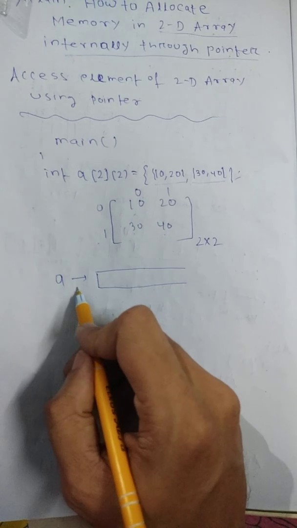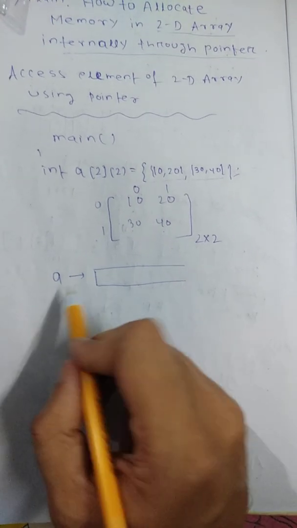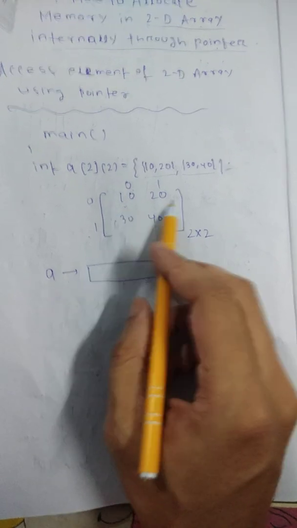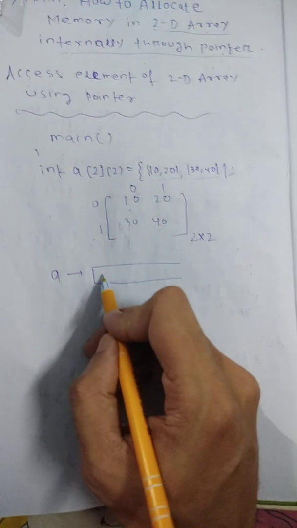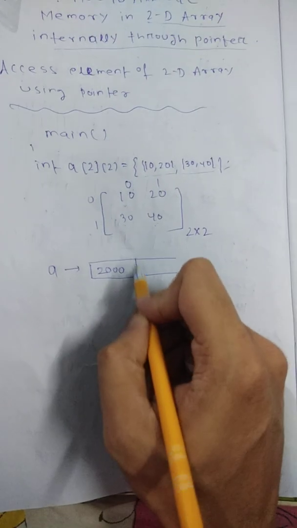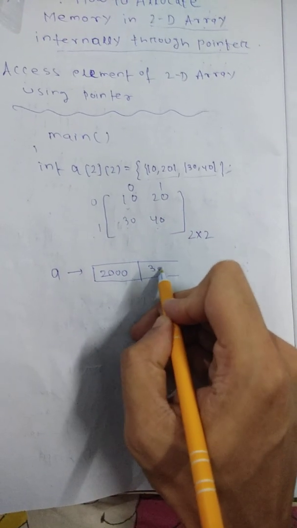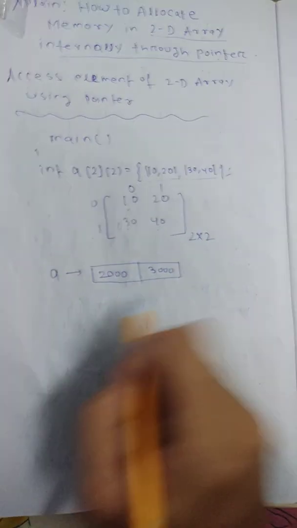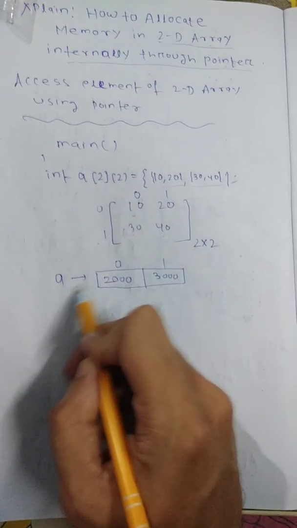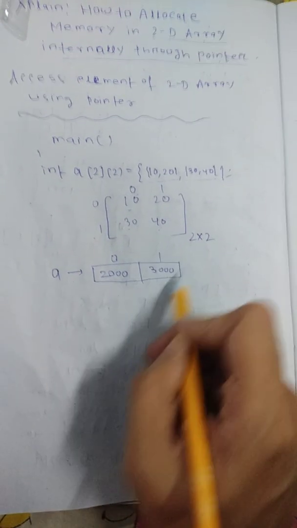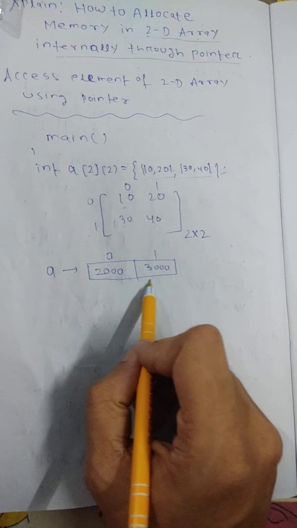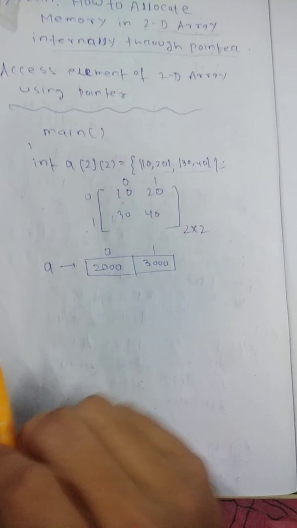The number of pointers depends upon the number of rows. Two rows are there. I am storing here, suppose, a random address 2000. Another, suppose 3000. Two addresses will be stored. Two pointers are there, 0 and 1, that means this is A0 and this is A1.